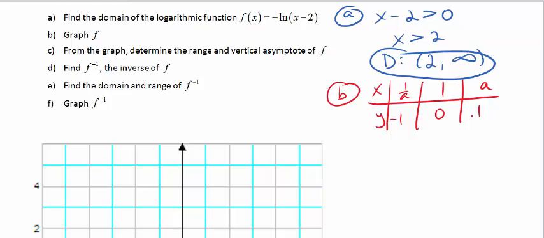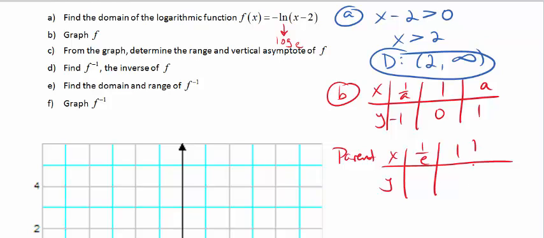We just have to figure out what our a is. So this is a log, but it doesn't tell us what our base is. Remember, this is an abbreviation of log base e. So that means our parent function is going to be x, y: 1 over e, -1; 1, 0; e, 1.